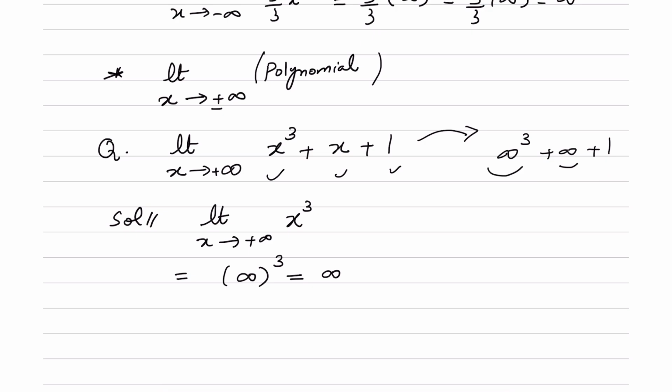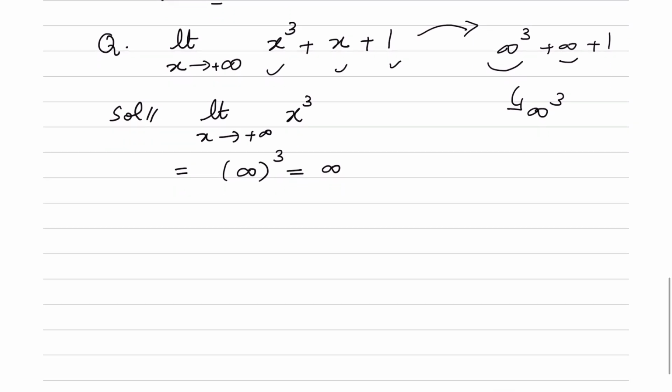Also look at infinity and infinity cube: infinity is a smaller number compared to infinity cube. So in infinity cube plus infinity plus 1, the highest impacting term is infinity cube. For this reason, we only keep the highest degree term in a polynomial whenever we are calculating the limit at infinity or minus infinity.